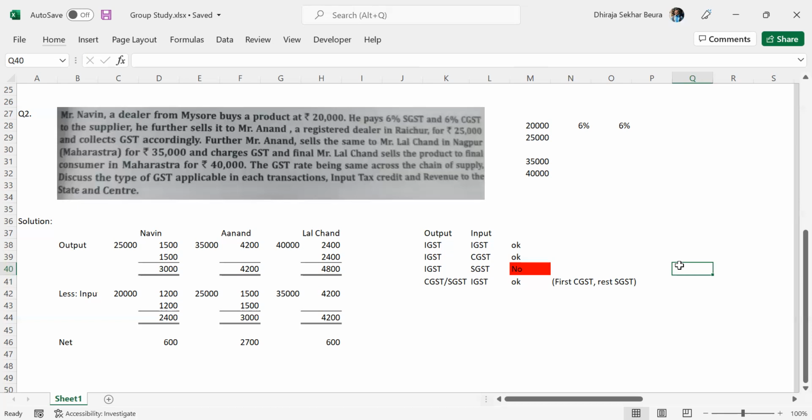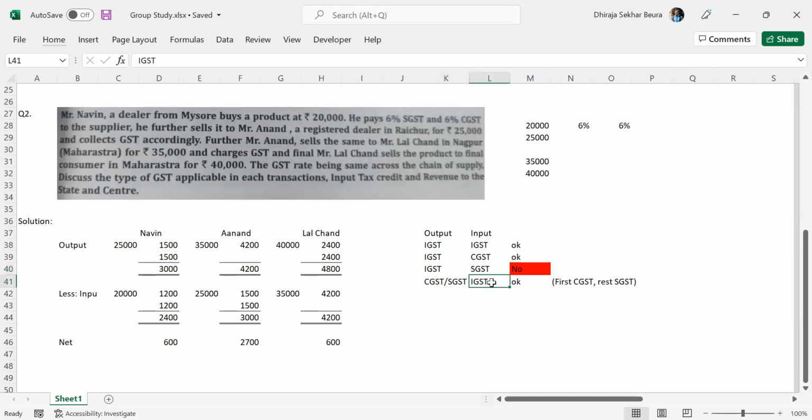You said the other way around. You said just now, when you have excess IGST, I cannot pay SGST. That's what I said, no?